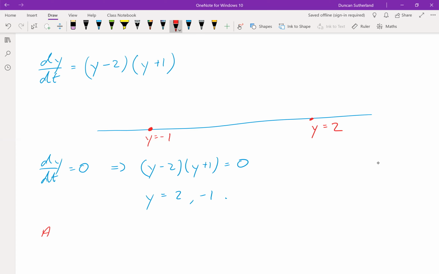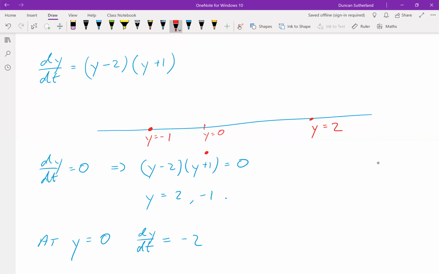At, oops, wrong color. At y equals 0, dy/dt equals -2. So y equals 0, we're somewhere down here, right?